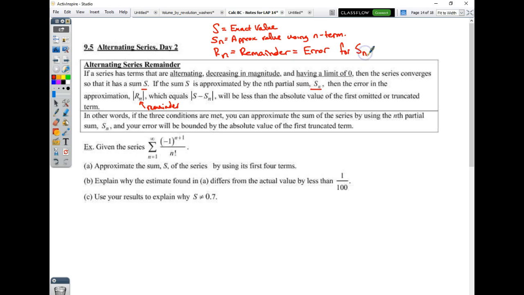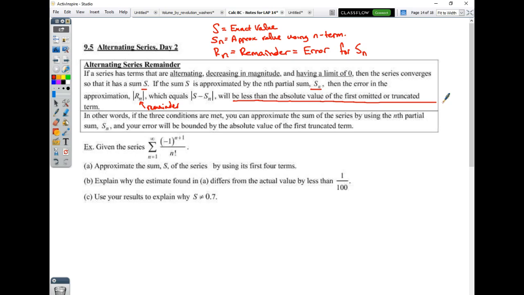for S of n. So if I say R of 6, I know that I'm looking at the partial sum with 6 terms. If I say R of 10, I'm looking at the partial sum with 10 terms. All right? And it becomes an interesting thing. Basically what the alternating series remainder says is that we actually know what the remainder will be. It says that the remainder will be less than the absolute value of the first omitted or truncated term.